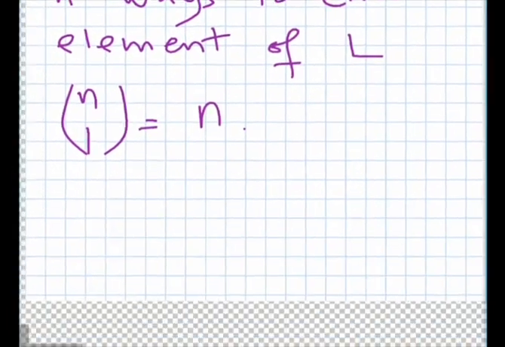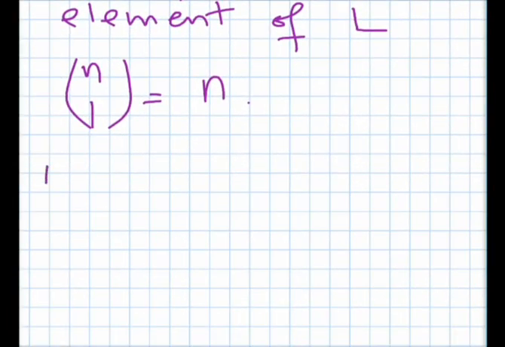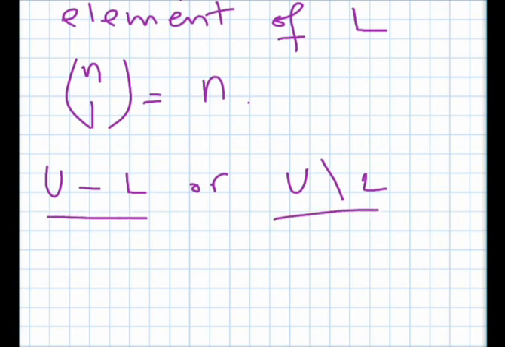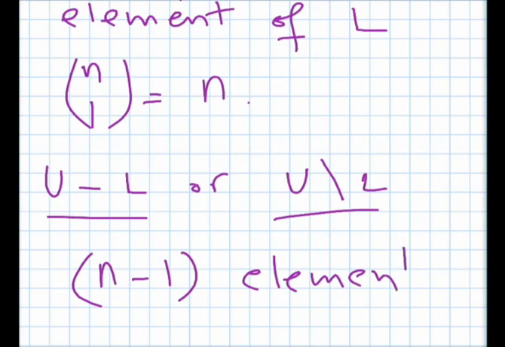Now we have the remaining set, U minus L. Sometimes this notation is used, sometimes that notation is used when we talk about sets here. So how many elements do we have in this set U minus L? We have n minus 1 elements.